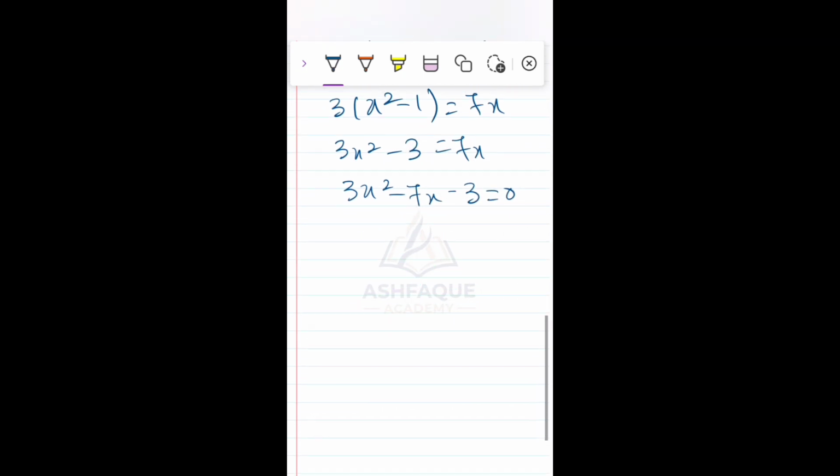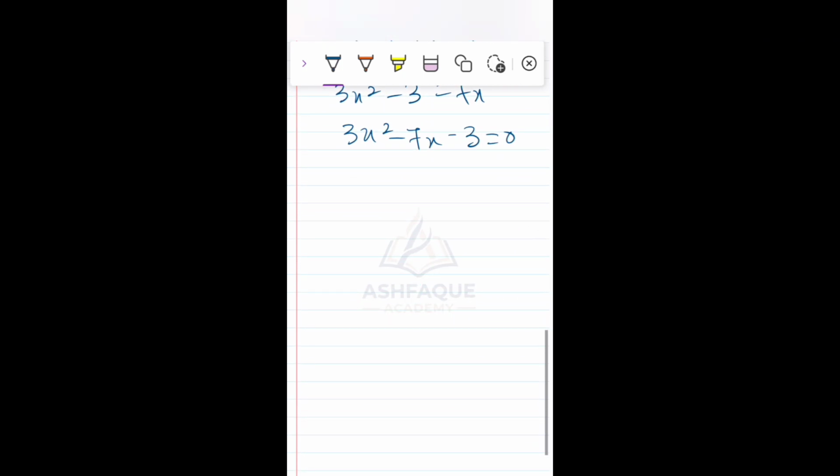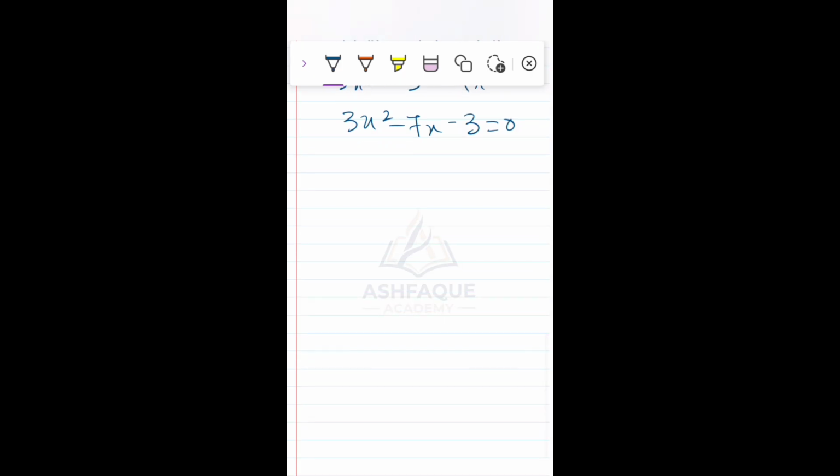Now we got the quadratic equation. So first we check the discriminant of the equation, that is b square minus 4ac. a equals to 3, b equals to minus 7 and c equals to minus 3.